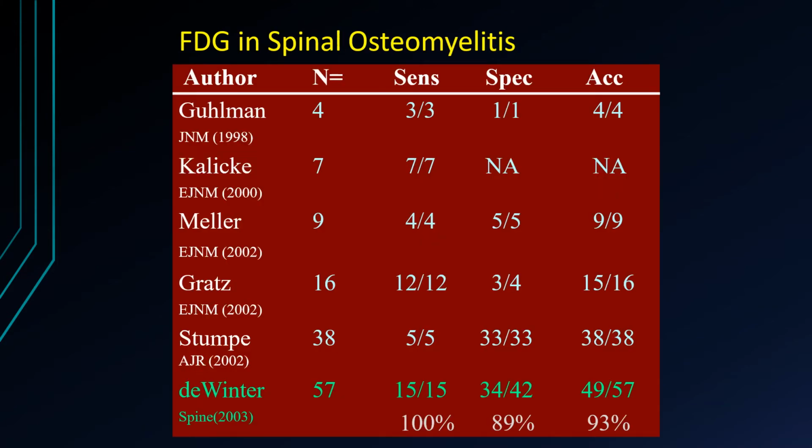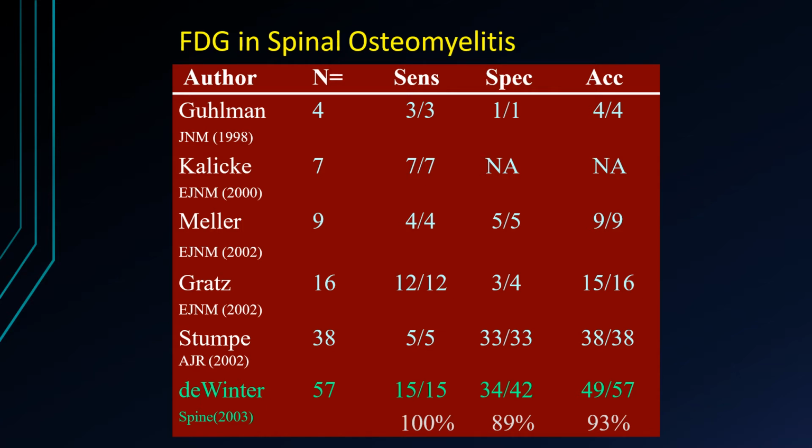Spinal osteomyelitis is another area of significant diagnosis that FDG can contribute to. It is known that, for example, WBCs can have false negatives in those cases, and actually gallium 67 citrate imaging is the preferred modality in those cases. Nevertheless, when looked at with FDG, there seems to be very strong evidence that it has great sensitivity and specificity and accuracy.